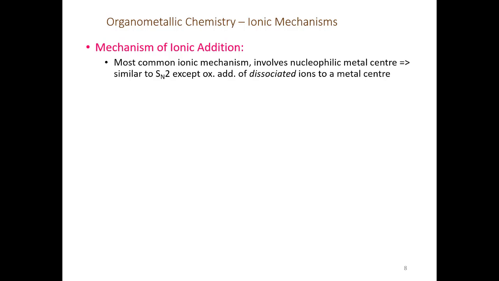Now, for an ionic oxidative addition reaction, there are actually 2 separate mechanisms. The first of which we'll go into, which is more common, involves a nucleophilic metal center. So it's very similar to an SN2 type oxidative addition, except that you add dissociated ions rather than electrophilic molecules.